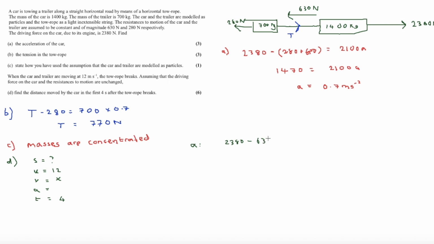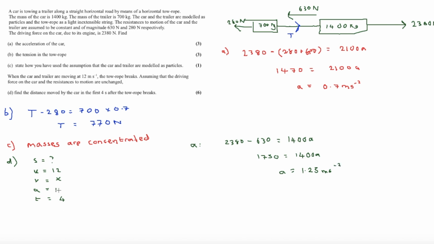That's because we do not need to take into account this resistance here. We only need to take into account the resistance on the car. And that is going to be equal to just the mass of the car, 1,400, times A. So therefore 1,750 is equal to 1,400A, which means that A is equal to 1.25 meters per second squared.